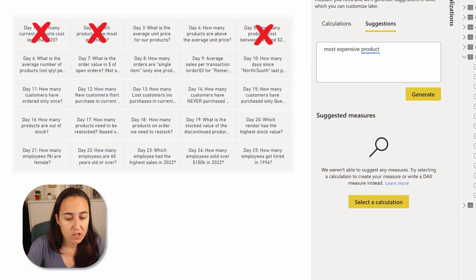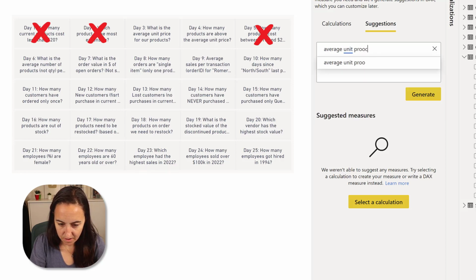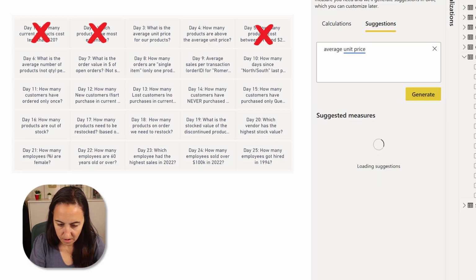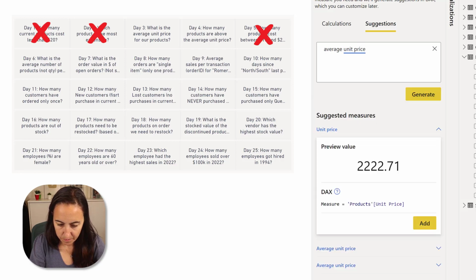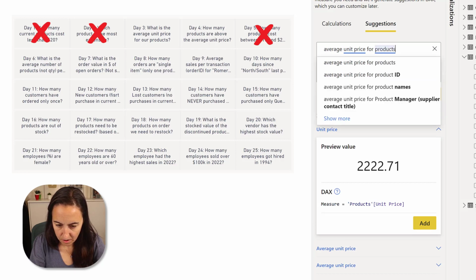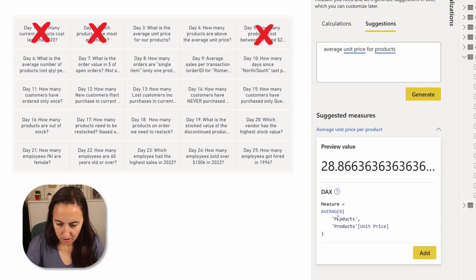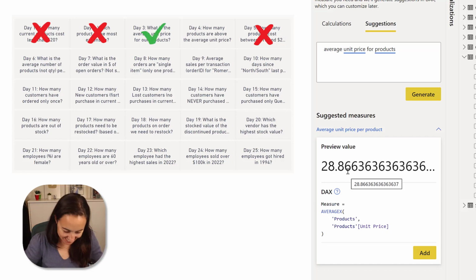What is the average unit price for our product? Let's go there. Average unit price for products. Yeah, we got it.